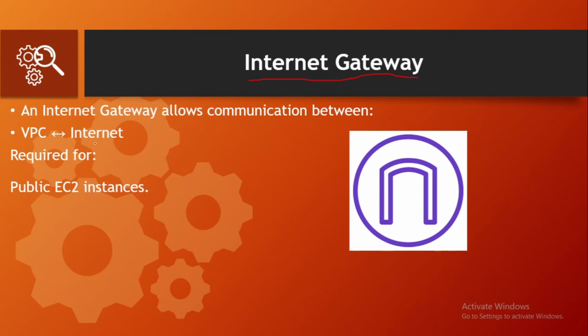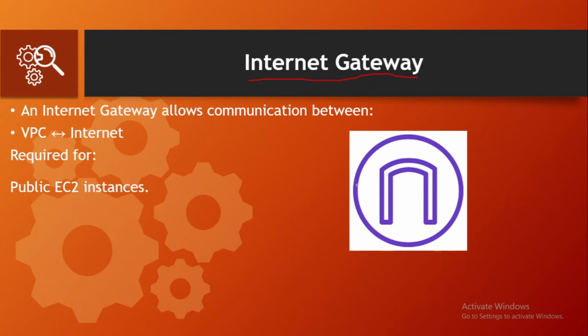Now, this is very important when we launch EC2 instances. If you want your EC2 instances to be accessible publicly, for example, for hosting a website, running a web application, or allowing users to connect to your server, then your EC2 instance must have access to the internet gateway.